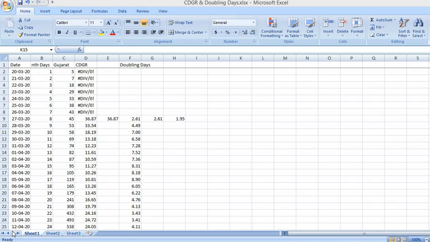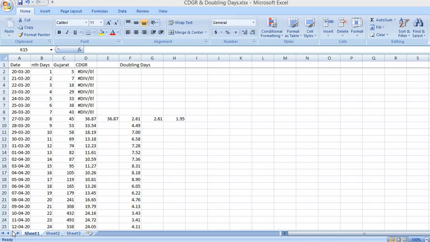I would like to share two important concepts with you. These were widely talked about and acknowledged during the COVID-19 pandemic, and these are CDGR and doubling days.